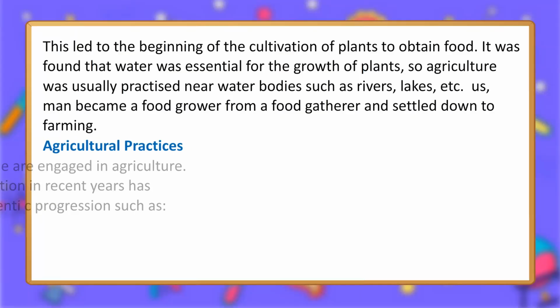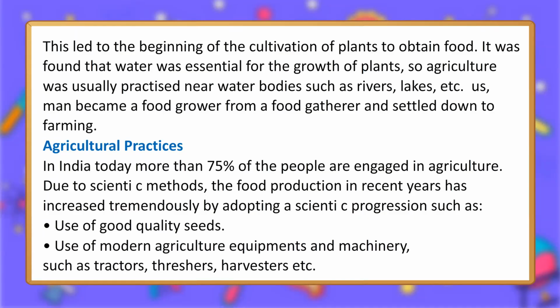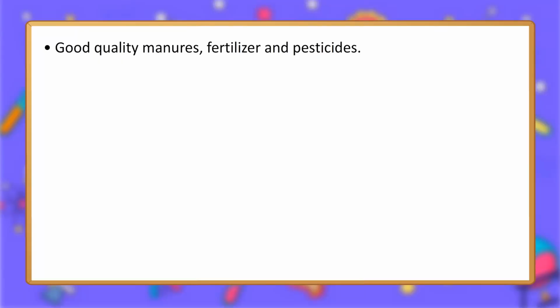Agricultural practices. In India today, more than 75% of the people are engaged in agriculture. Due to scientific methods, food production in recent years has increased tremendously by adopting scientific progression such as use of good quality seeds, use of modern agriculture equipment and machinery, such as tractors, threshers, harvesters, etc., good quality manures, fertilizers and pesticides, and reliable weather forecasts.